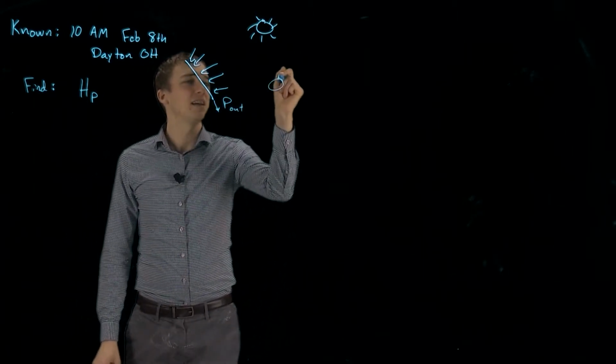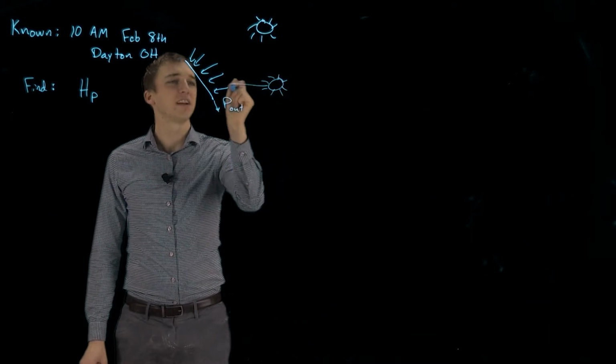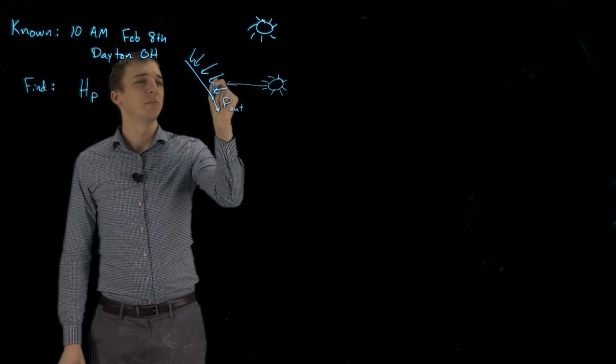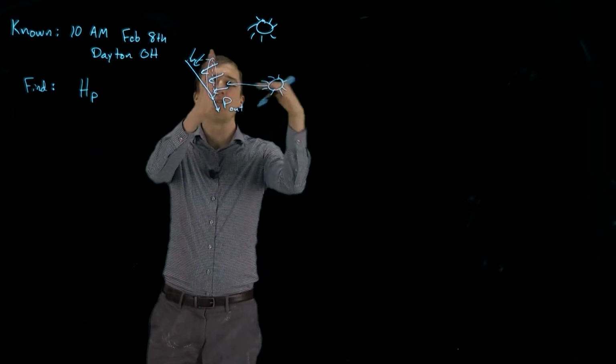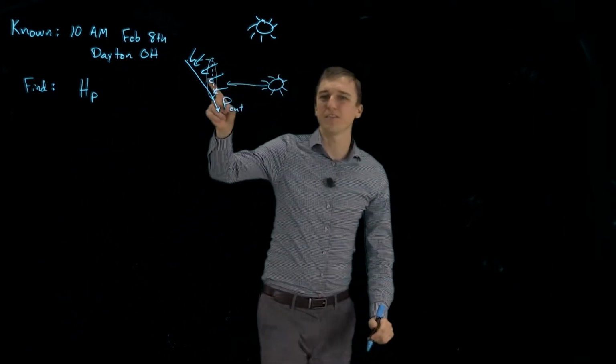So if the sun is down here and shining like this, we need to project the area of our solar panel to be normal to the ray coming in from the sun.